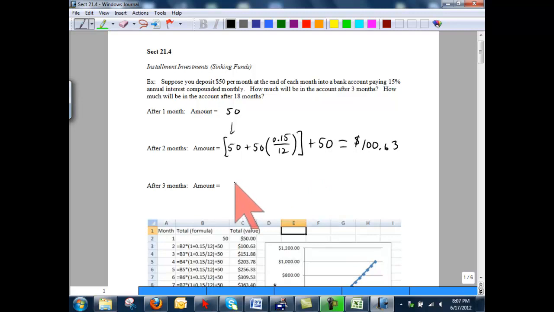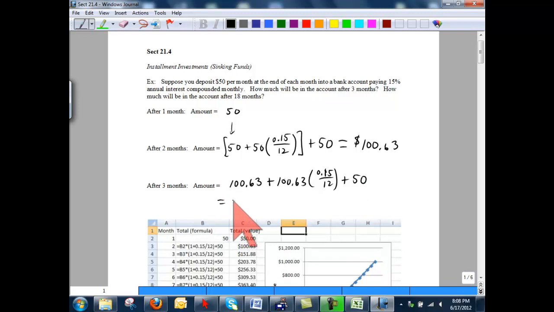After 3 months, what do we have? Well, the $100.63 from the second month comes forward, and it earns interest at 0.15 divided by 12, the monthly interest rate, and then I tack on another $50.